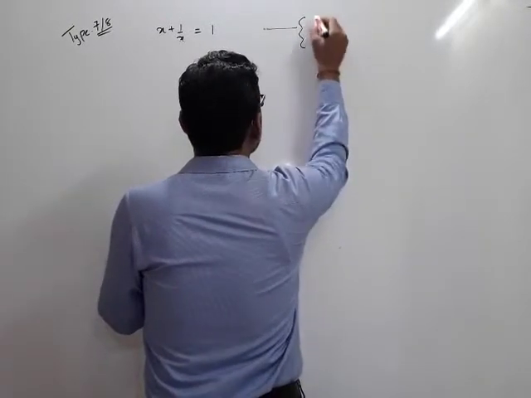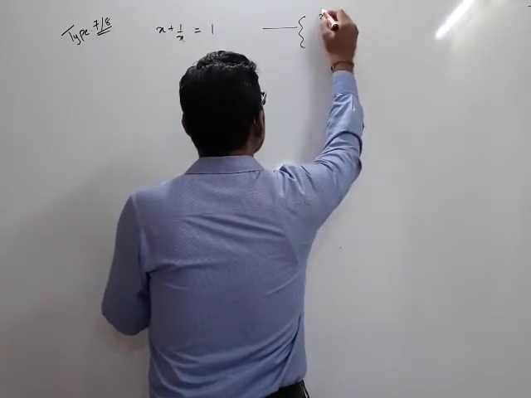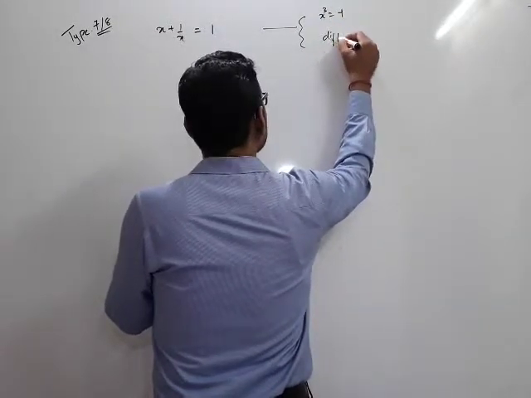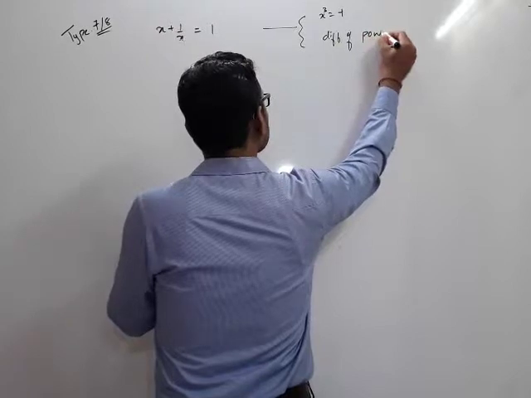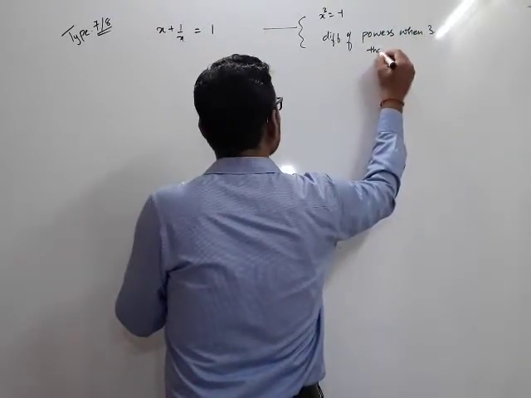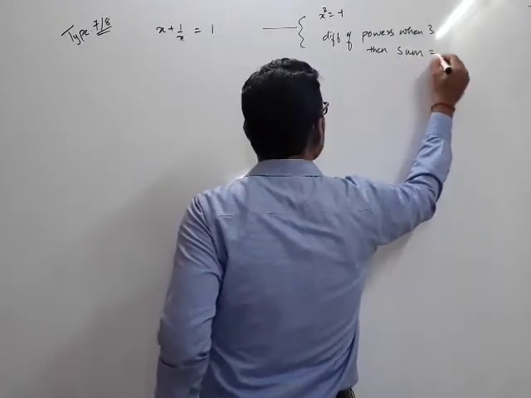The two conclusions are: x cube is minus 1, and when the difference of powers is 3, then the sum is 0.